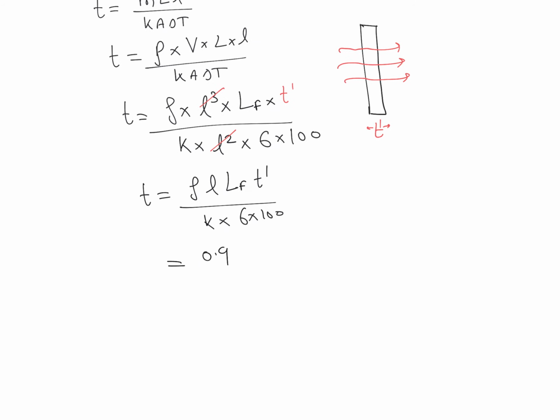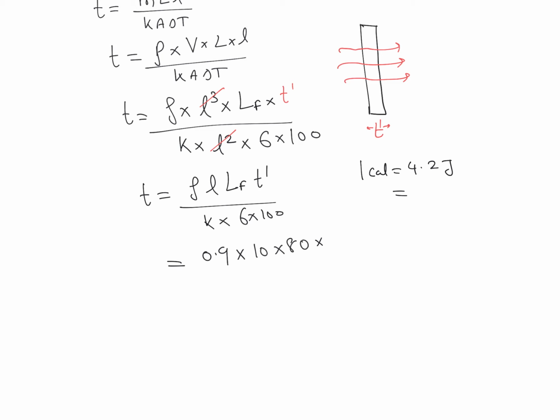Density is given as nothing but 0.9 and the length of that cube is given as 10 centimeter. Latent heat of fusion, we know that is nothing but 80 calorie. And here remember an important thing, we are substituting the values in CGS system, all the things in CGS system, and basically 1 calorie is nothing but 4.2 joule. So calorie is not the unit of heat energy in CGS system. Unit of heat energy in CGS system is nothing but erg.